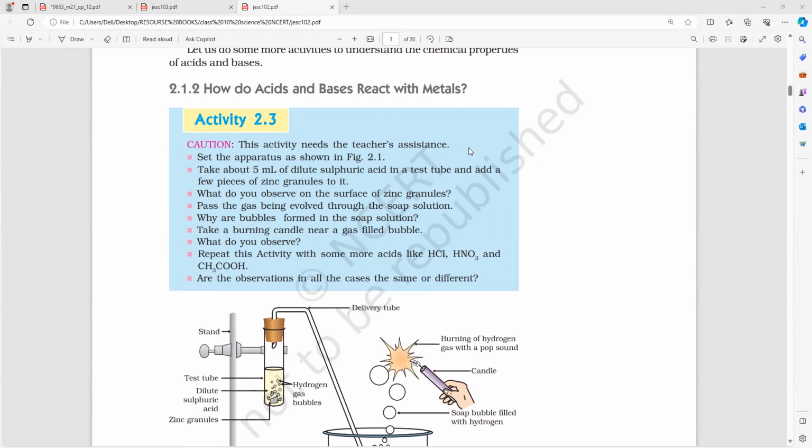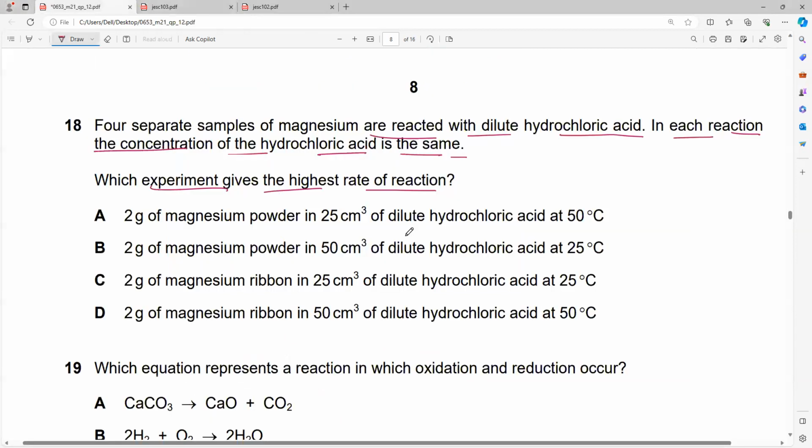So generally a metal plus acid gives you metal salt plus hydrogen. If it is in powder form instead of lumps, we will get a greater rate of reaction, and the temperature of the acid is higher. So that's why option A is correct.